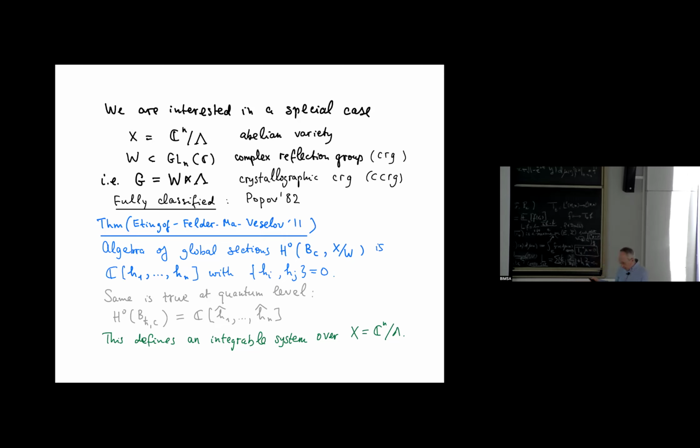So that's another name. So this is actually an infinite group and still generated by reflections. And such groups were fully classified by Popov. There is a full list, and there is a theorem by Etingof, Felder, and Veselov, which, yeah.